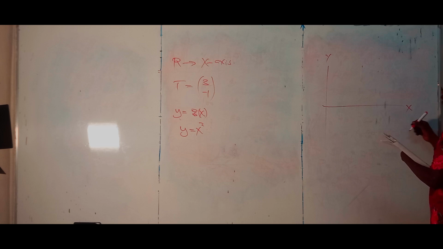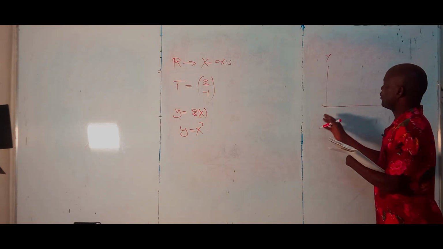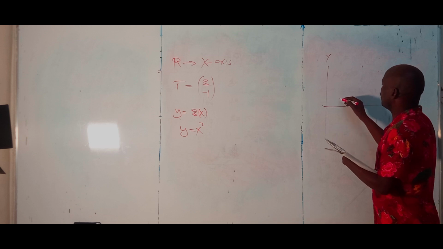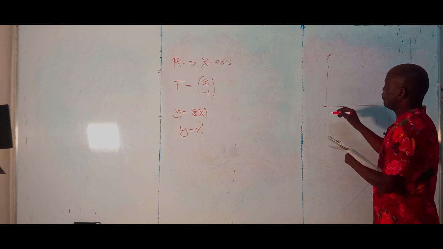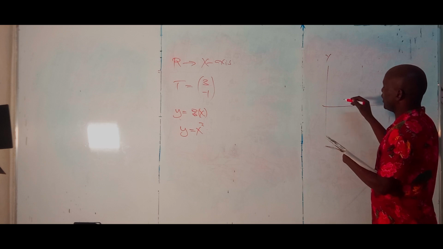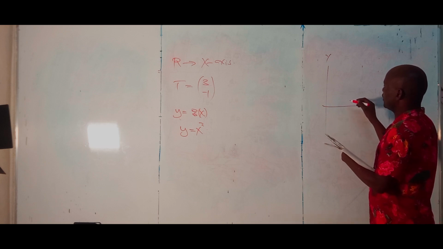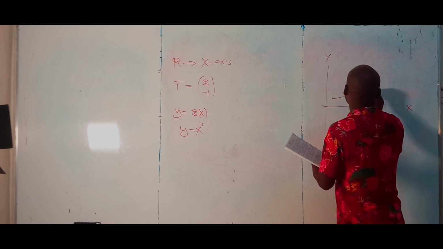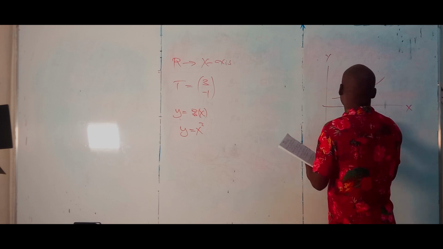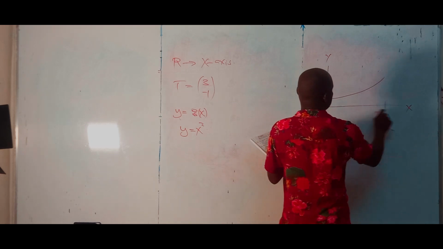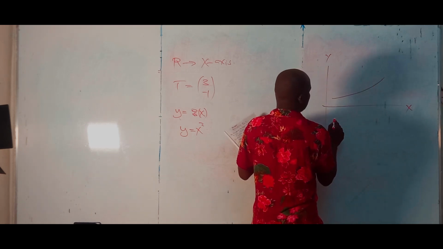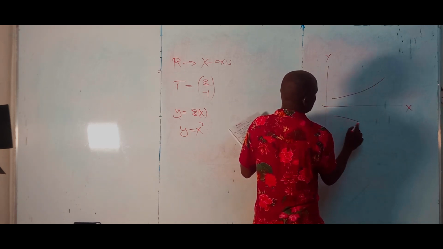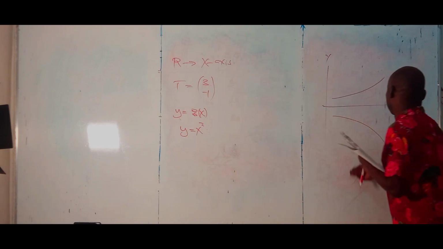So if you draw the curve y = x squared, then when you reflect it in the x-axis, it will be something like this.